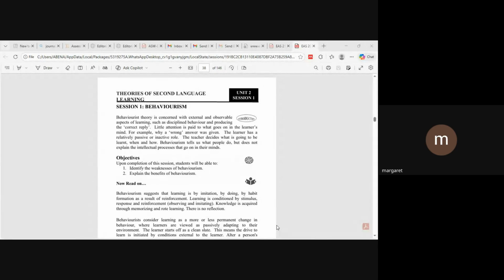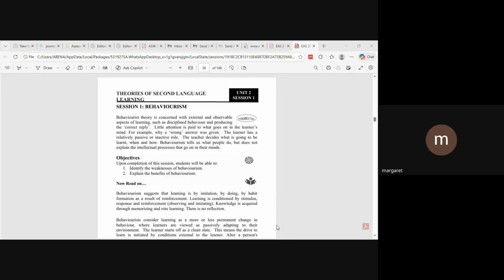They are saying that first, learning itself is instigated by an external stimulus, meaning that before learning can occur, you have to give the learner an input. You have to give the learner the knowledge.